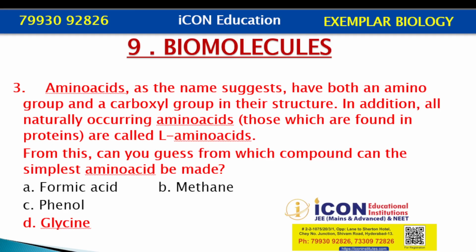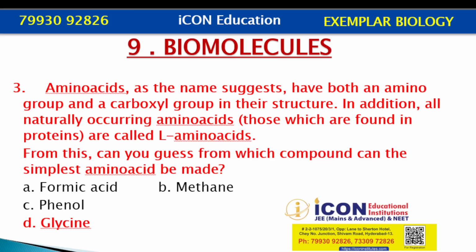Question number 3. Amino acids, as the name suggests, have both an amino group and a carboxylic group in their structure. In addition, all naturally occurring amino acids, those which are found in protein, are L amino acids. For this, you can guess from which compound the simplest amino acid can be made.